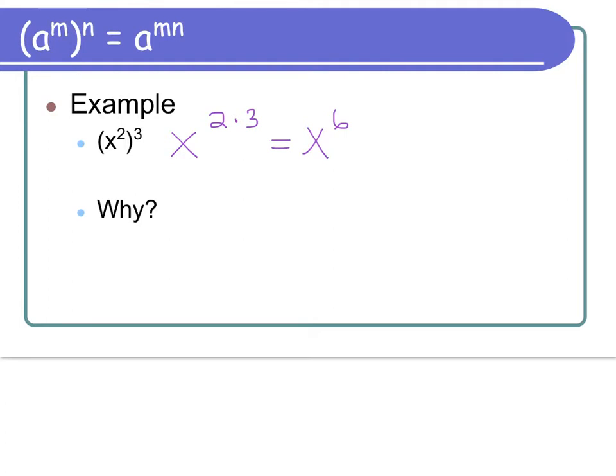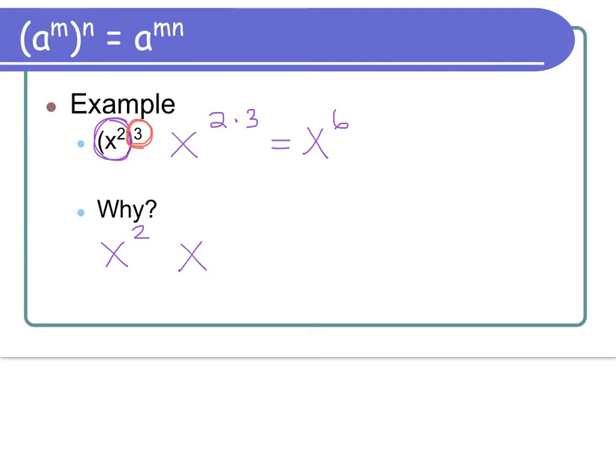Because an exponent tells you how many times to multiply the base by itself. In this problem, x squared is the base, and the third power is how many times we multiply x squared by itself.